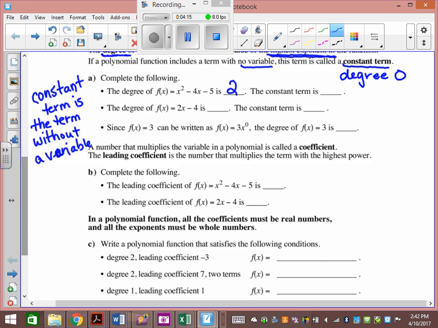So, what's the constant term in that one? -5, yeah. You take the sign with it.